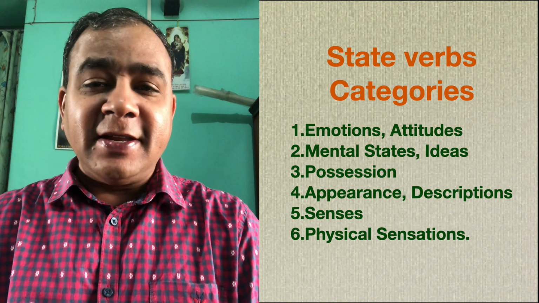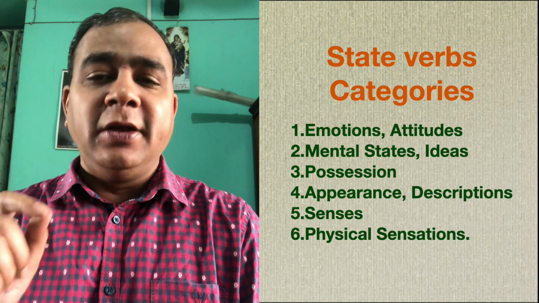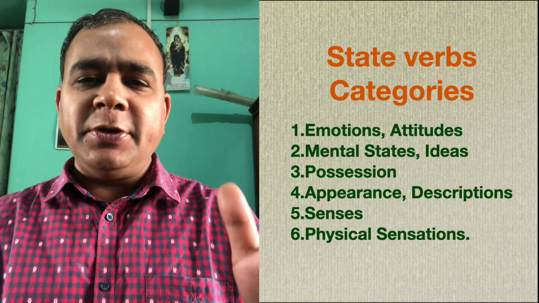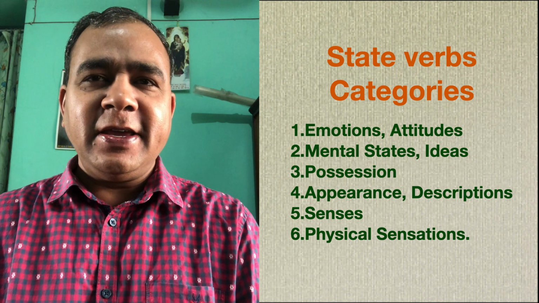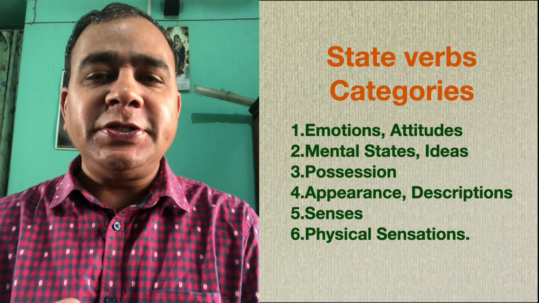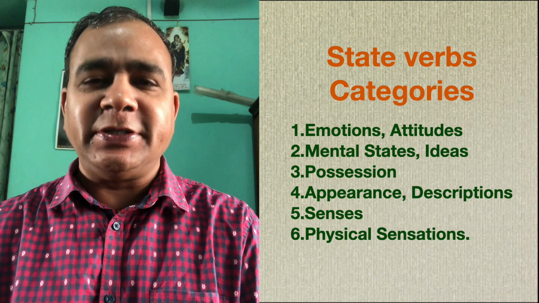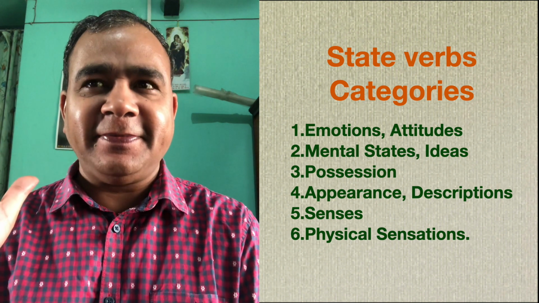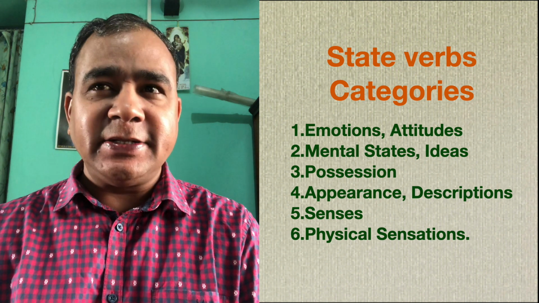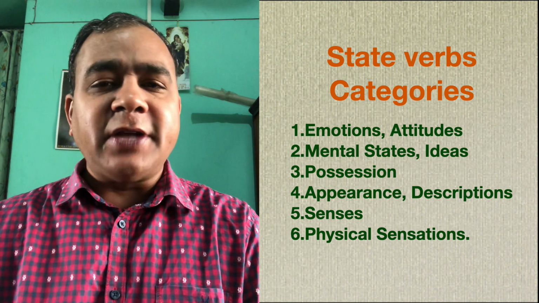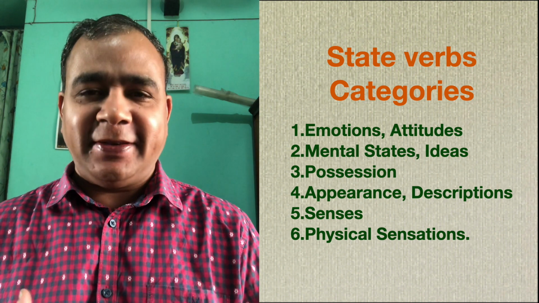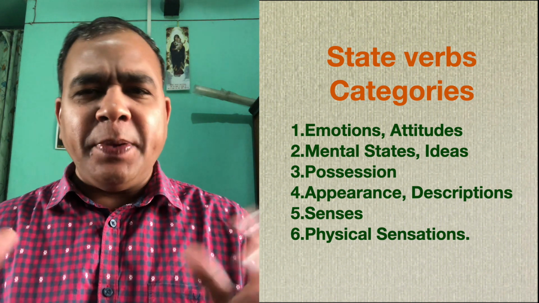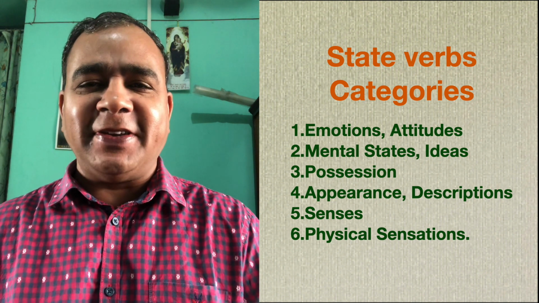To easily understand and remember and learn the stative verbs, let us put them into some categories. Okay? Say for example, emotions and attitudes related verbs. Okay? The second category is the mental state. The mental state and then ideas, that is second category. And third category, possession. We own something. நம்மகிட்ட இருக்கு. Okay? And the fourth category can be appearance and descriptions and so on.